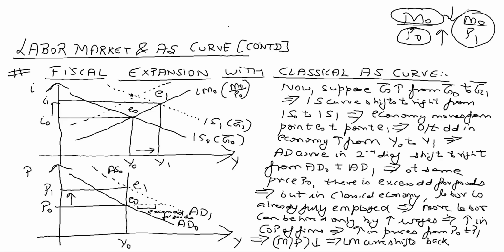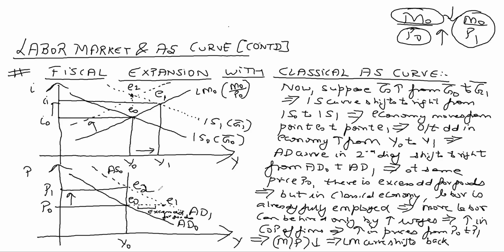My denominator has gone up. So the LM curve will shift back to the equilibrium level E2. If I make it more clear, this is E1, but this is E2. So you can see in the classical economy, fiscal expansion is not successful in increasing the output beyond the full employment level.